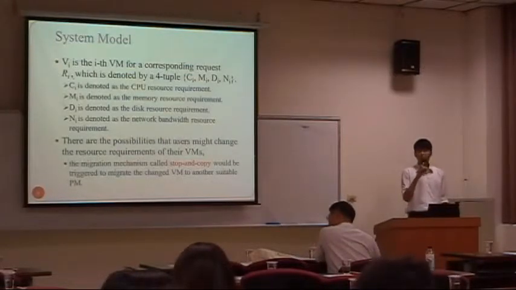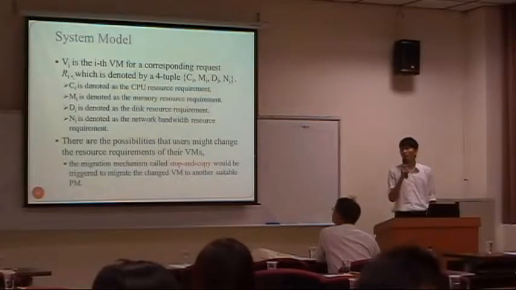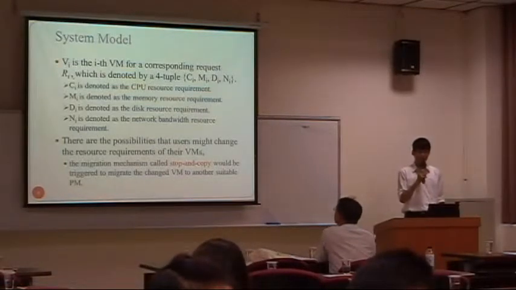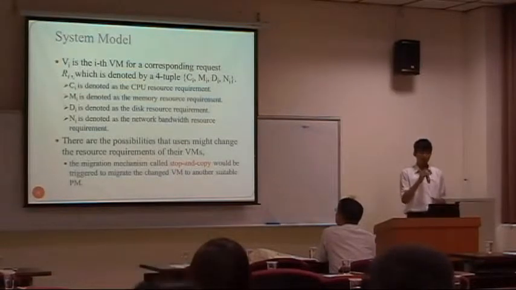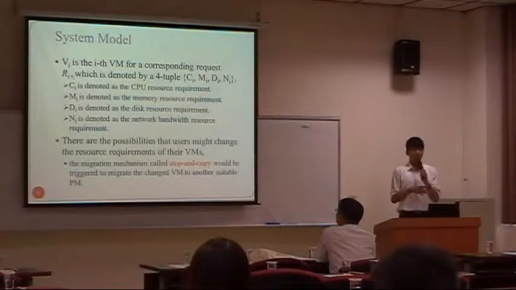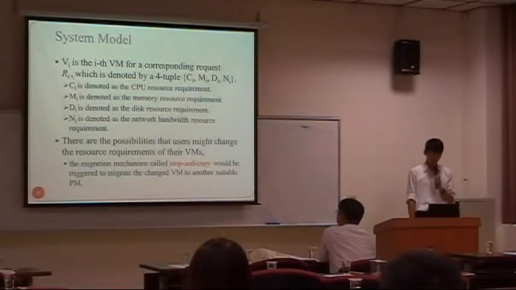We assume Vi is the i-th virtual machine for the corresponding request i. It is denoted by a four-tuple: Ci, Mi, Di, Ni, which are CPU, memory, disk, and network bandwidth respectively.